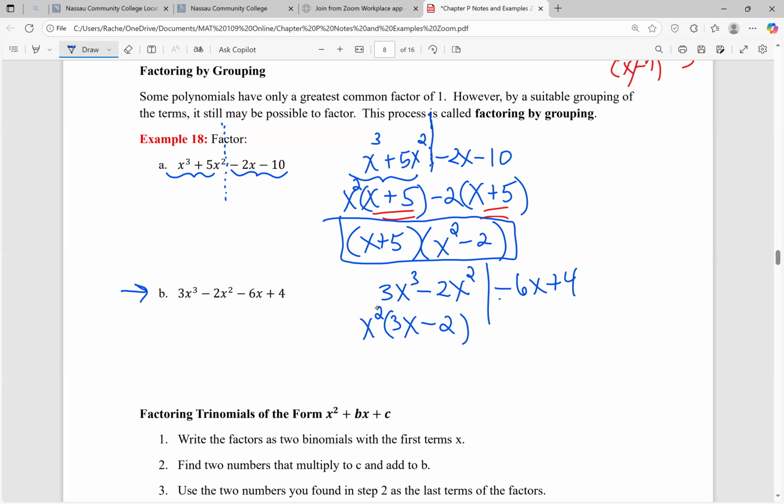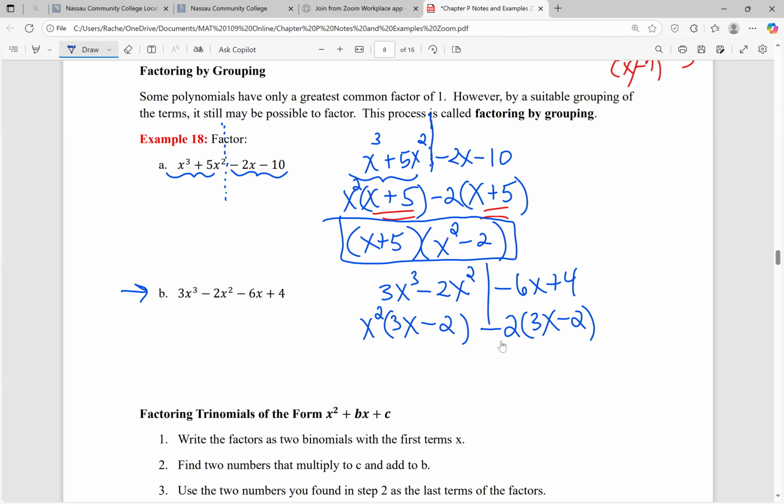Now from my second grouping, the negative 6x plus 4, the leading coefficient's negative, so I know I'm going to factor out something that's negative. And between a 6 and a 4, we could factor out a 2. So take negative 6x divided by negative 2, I'm going to get positive 3x. And now take positive 4 divided by negative 2, and I'm going to get negative 2.